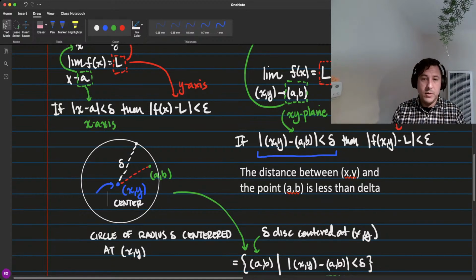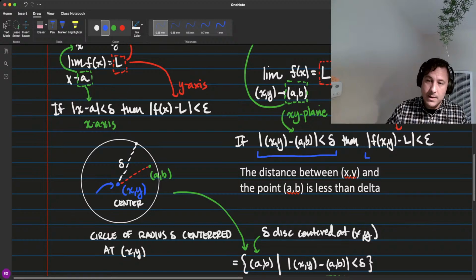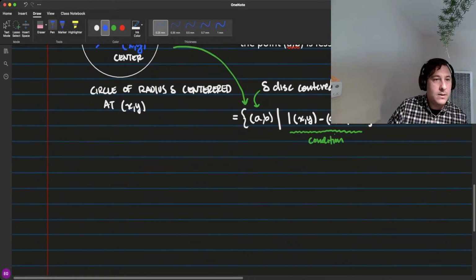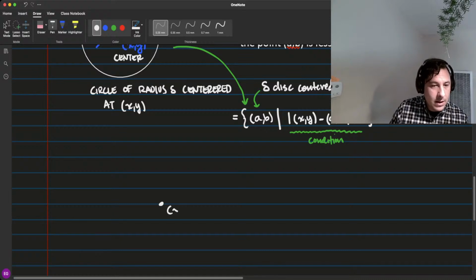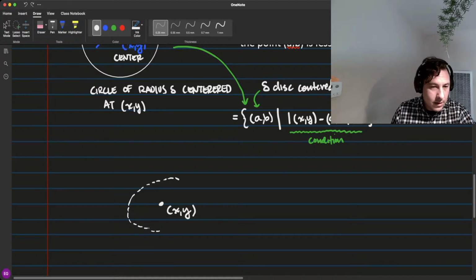Okay, now there's another point. There's another part of the statement in the limit. It's saying, well, f of xy is close to L. Okay, so let's draw what's going on here.